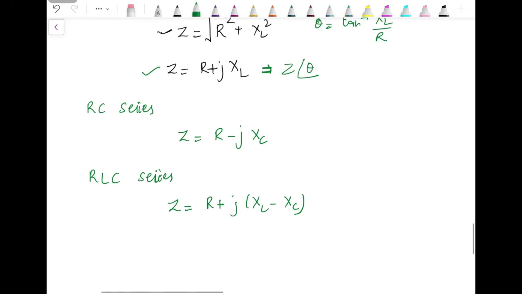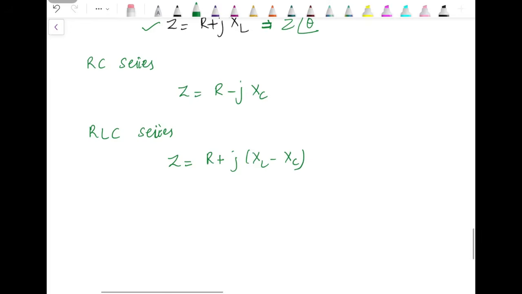So once we write the impedance, irrespective of whether it's RL circuit or RC circuit, current is actually V upon Z, and we will get the value of this current in the form of I angle plus or minus theta.